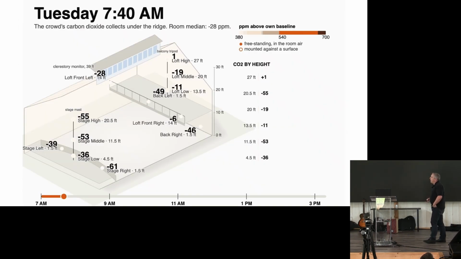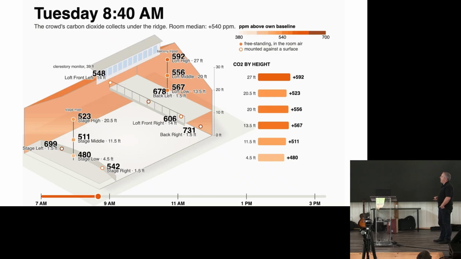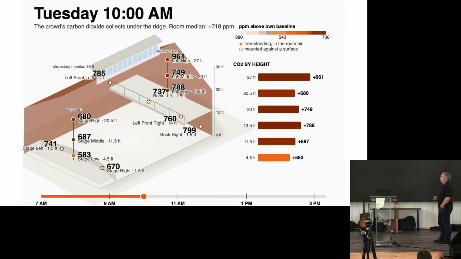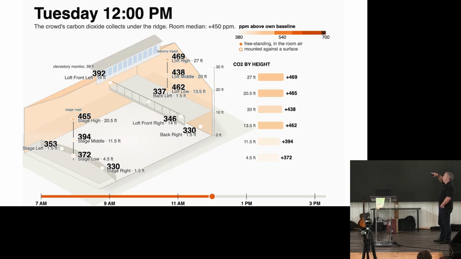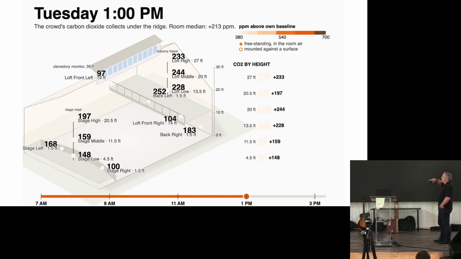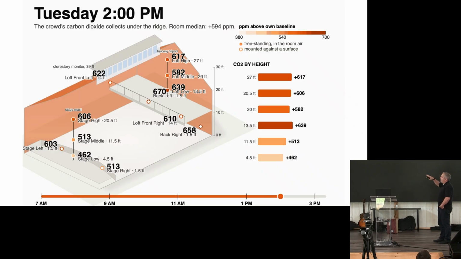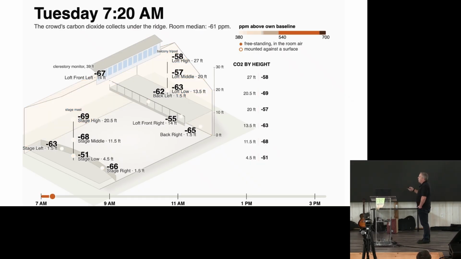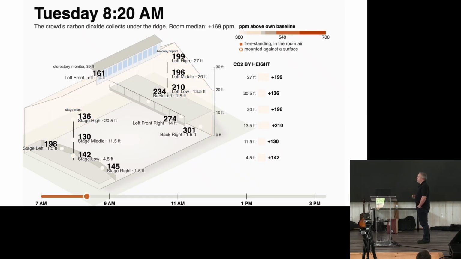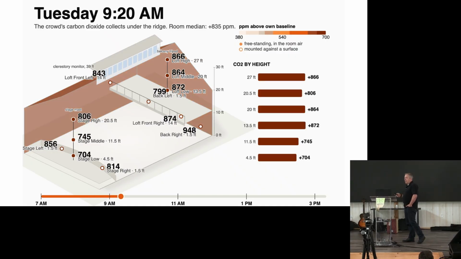So here we are looking at CO2 levels over time and showing you at the different levels where it's changing. Instead of having a graph that just says we get high during the meetings and go low during lunch, it's showing you the levels over the baseline throughout the day. So this is a work in process. If anyone has any other good ideas on how to visualize this, we're trying to get this in an exciting way that really conveys what's going on, and that's what it looks like.